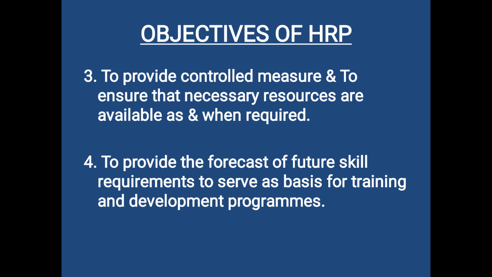Now, take the case of your Tata and all, they will go for campus recruitment. In campus recruitment they will decide well in advance how many people are required. If they are going to educational institutions, how many people are required for doing that job will be decided well in advance. Suppose they have made a plan of selecting say 500 employees for the next year, at that time they will go to campuses and select.